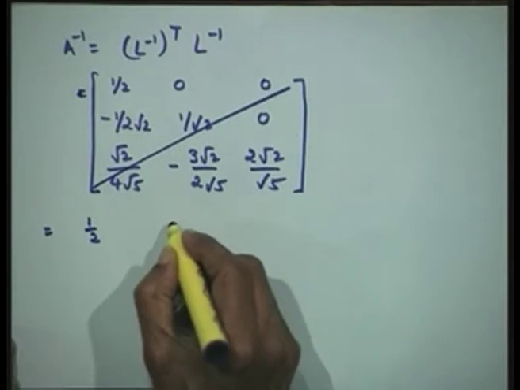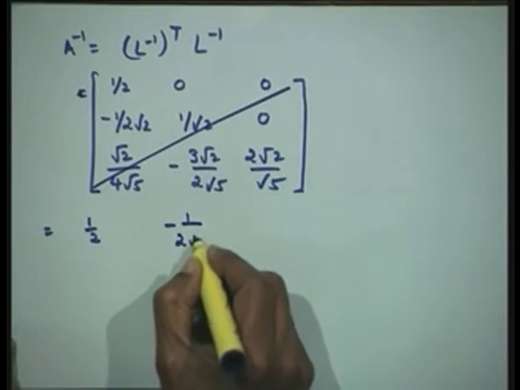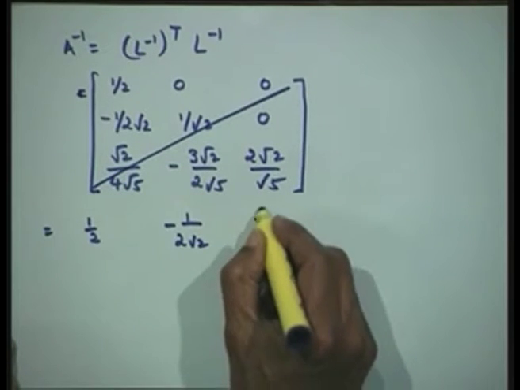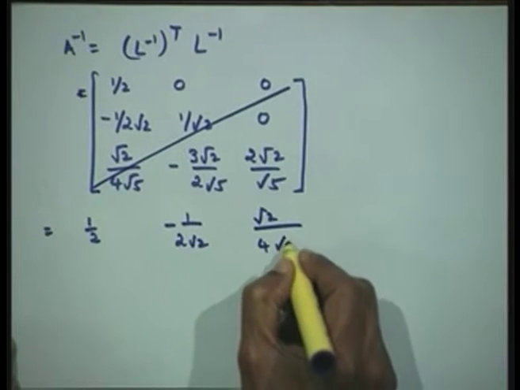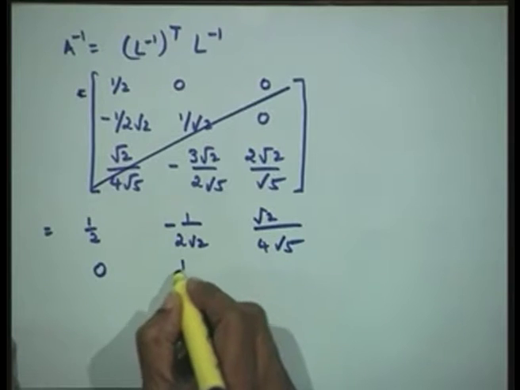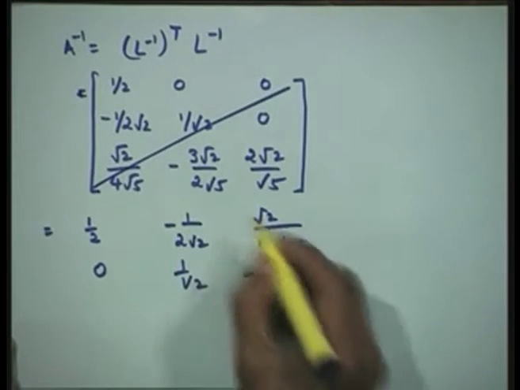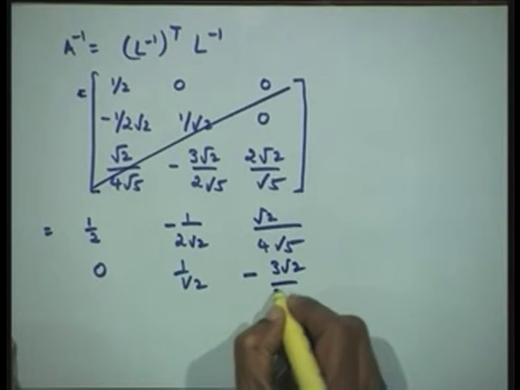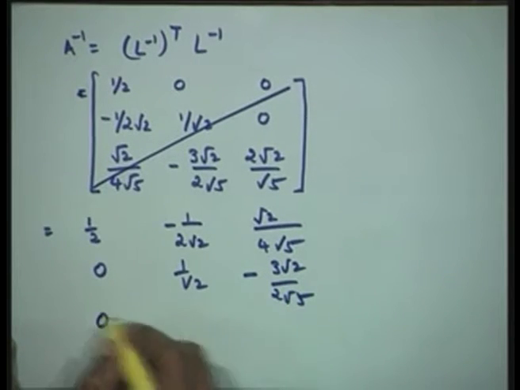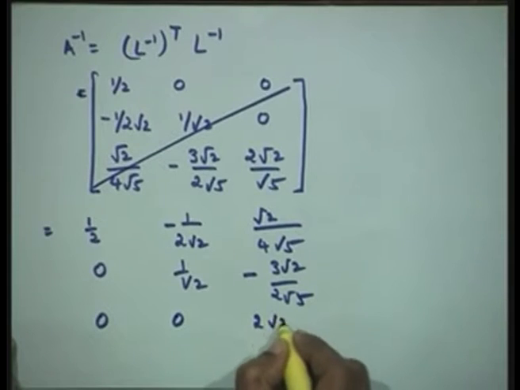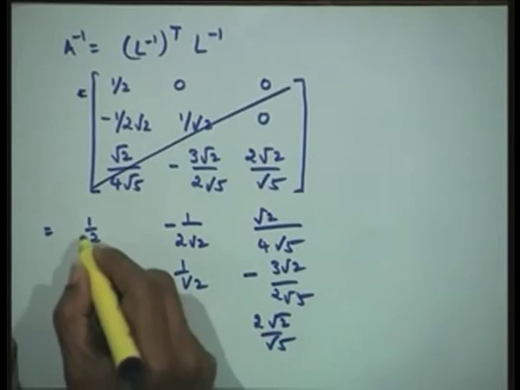So, 1 by 2, minus 1 upon 2 root 2, transpose of this, root 2 upon 4 root 5; 0, 1 upon root 2, and the 3 root 2 by 2 root 5; 0, 0, 2 root 2 by root 5.